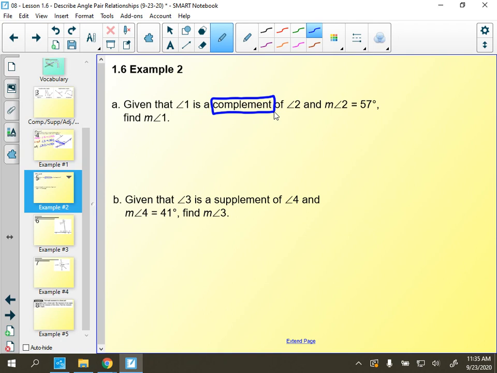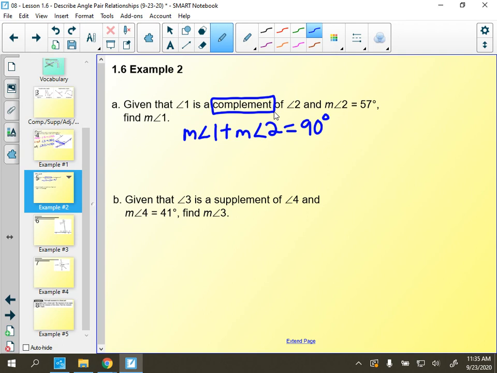So if I told you that one angle was a complement of the other, that's still a way of telling us that these two angles should sum up to 90 degrees. Okay, so it's really a matter of, all right, well, measure of angle 1 plus the measure of angle 2 should equal 90. That word complement told me that.